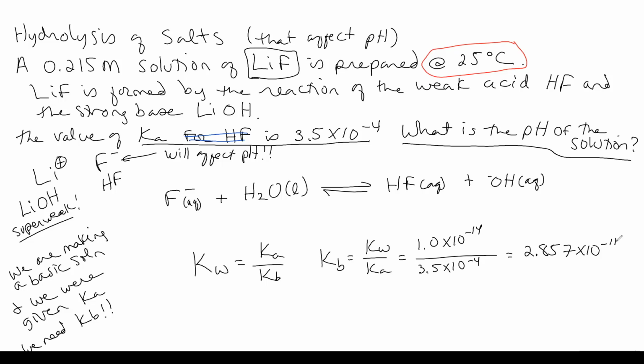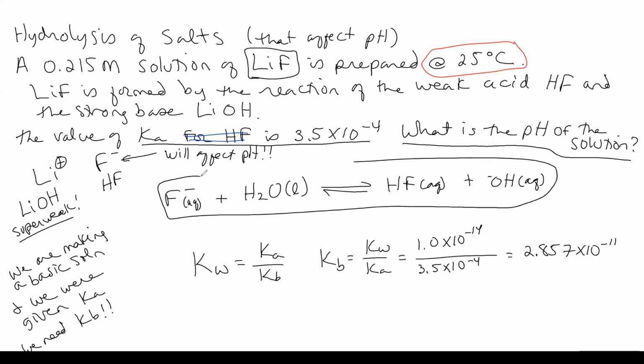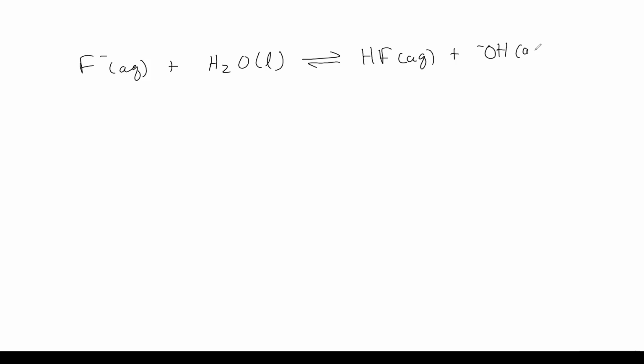Good to go there. I'm going to go to the next slide, and then I'm going to rewrite our equation, and we're going to start setting up the ICE table so that we can figure out our equilibrium constant expression. Let's rewrite our reaction here. Okay, so there's our expression.